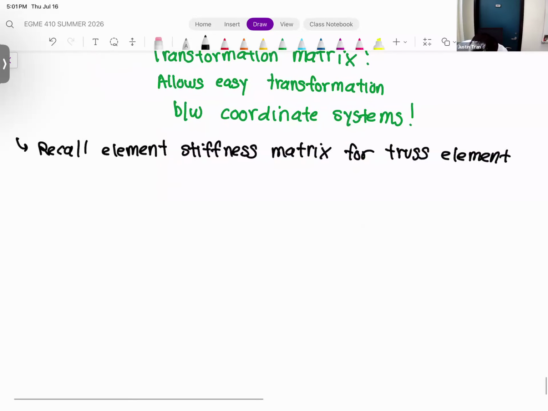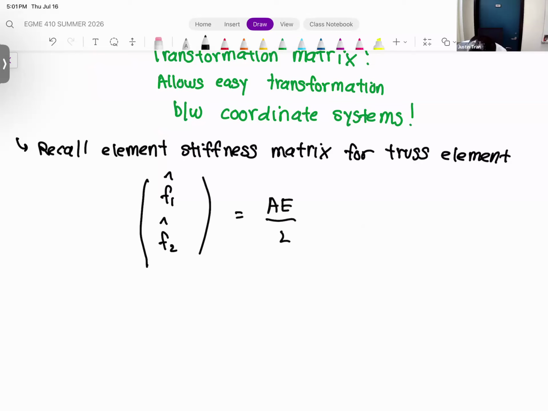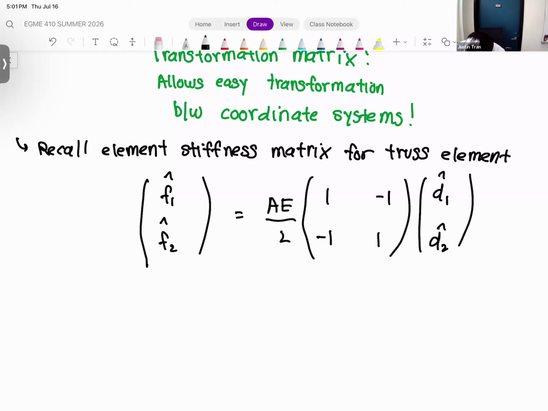So for our truss bar, we have F1 hat, F2 hat equal to AE divided by L times the matrix 1, -1, -1, 1, times D1 hat, D2 hat.